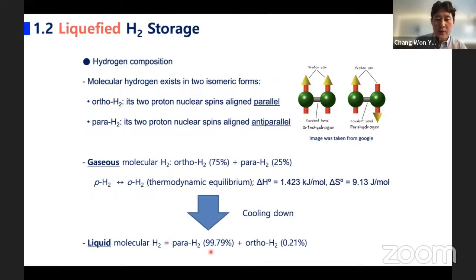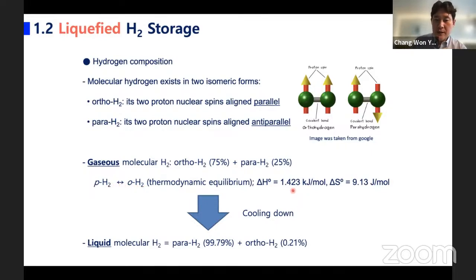Over 99.7% of hydrogen will exist in the para form, and 0.21% will exist as ortho-hydrogen. So the issue is that when you cool down, the 75-25% composition will be transformed. The liquid form is mostly para, which means the ortho-hydrogen will be transformed into para.